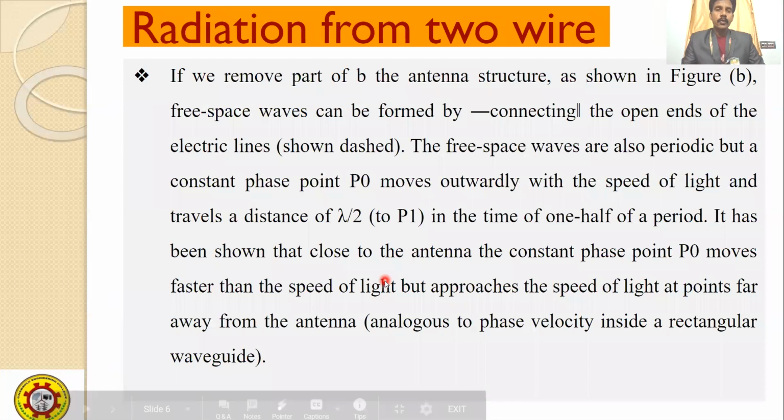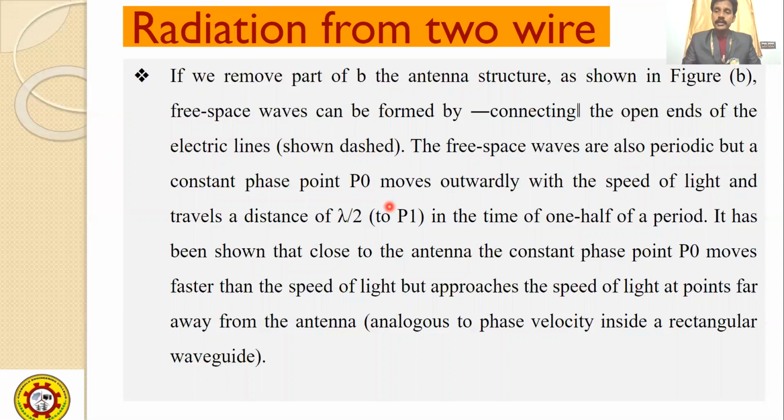If you remove a part of the antenna structure, as shown in our second figure, at the open end of these electrical lines the free space waves are periodic with constant phase P naught, which moves outward with the speed of light and travels away from the structure approximately a distance of lambda by 2.